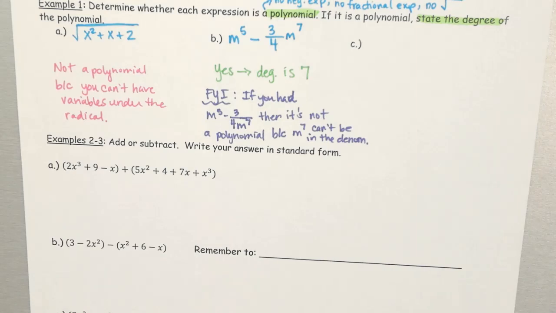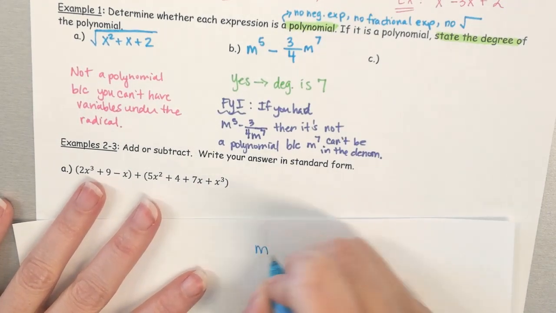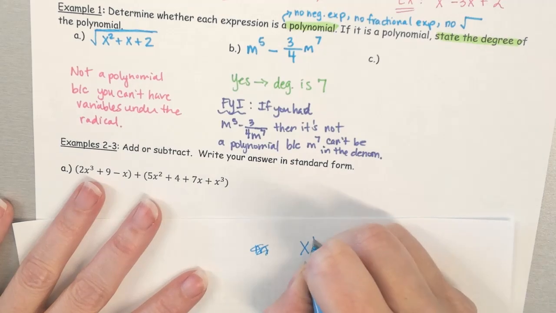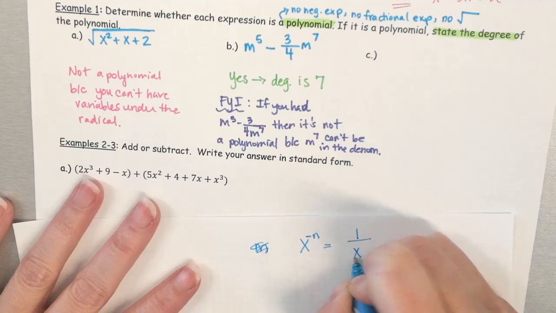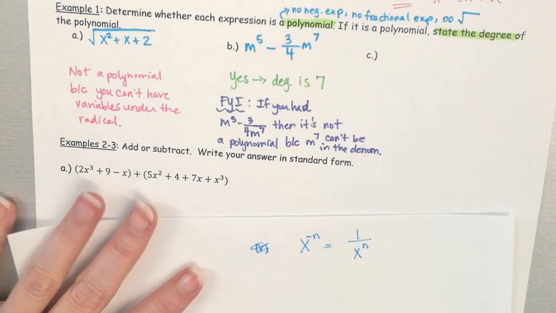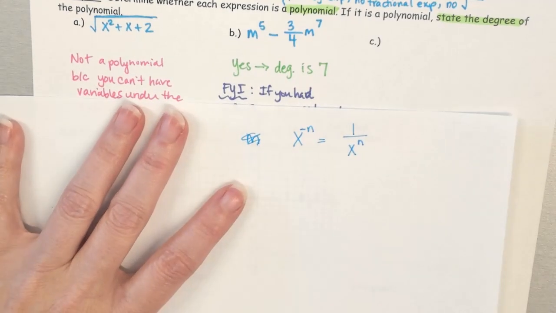Remember, if you have x to the negative n, the way that you can rewrite it is as 1 over x to the nth power. We can check this too when we plug in certain values.